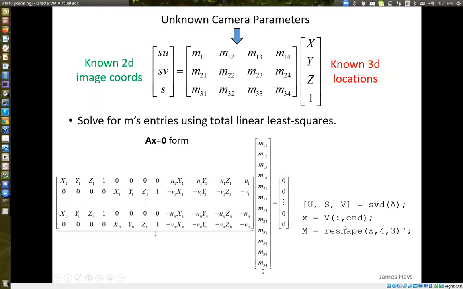Here we assume it's sorted. If it's not sorted, then you need to sort them. So here it is already sorted, and the last one is the one with the minimum singular value. Then we pull it out, we reshape that, and we get back M.